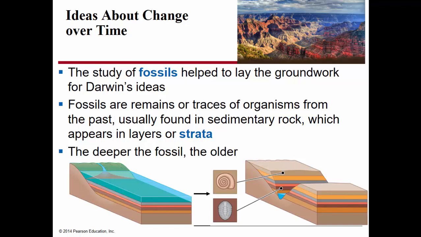The older layers tend to be found deeper beneath the surface, and the newer layers are deposited on top of the other layers. This makes it possible to gauge how old some fossils are relative to one another, which of course is very important in studying evolution.